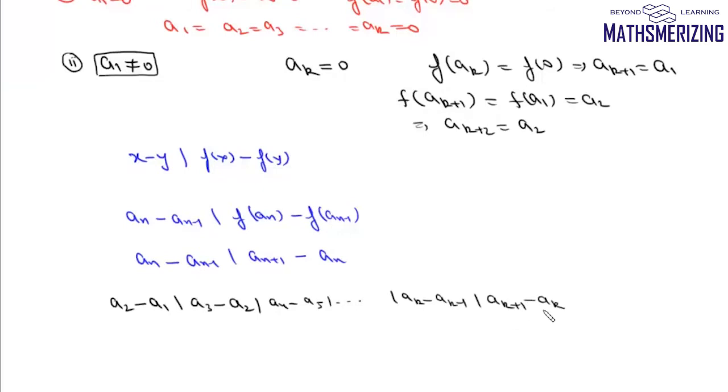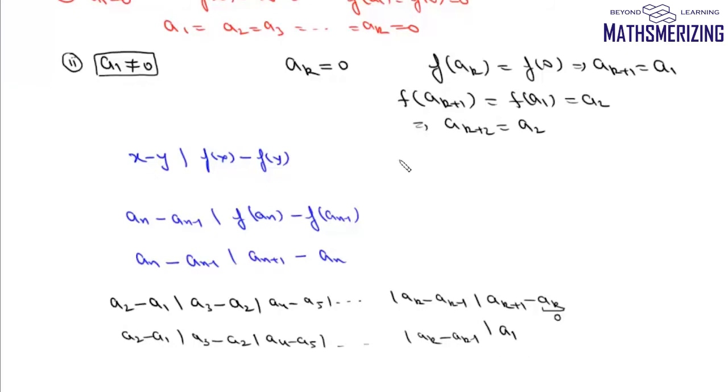We know that ak is 0 and a(k+1) is nothing but a1. So a2 minus a1 divides a3 minus a2, a3 minus a2 divides a4 minus a3, and ak minus a(k-1) divides a1.